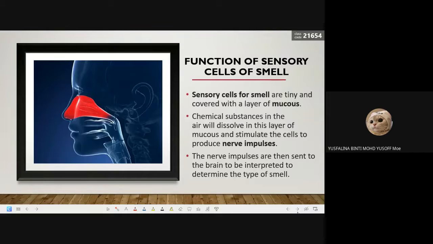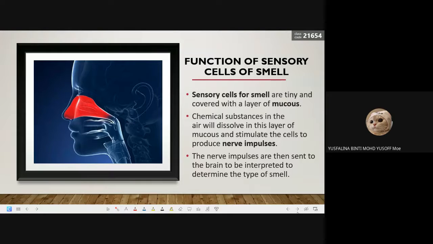So the nerve impulse is then sent to the brain to be interpreted to determine what type of smell. So let's say your mom fried the chicken, right? The chemical substance from the fried chicken will dissolve in the air. Then it will reach you, to your nose.